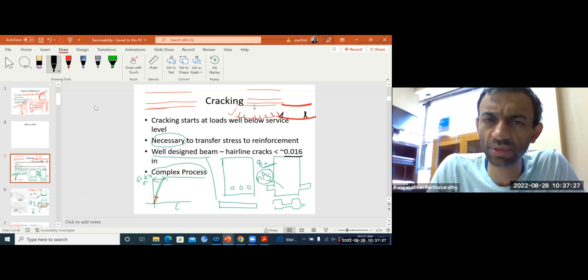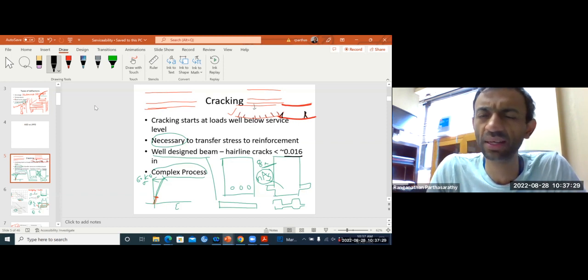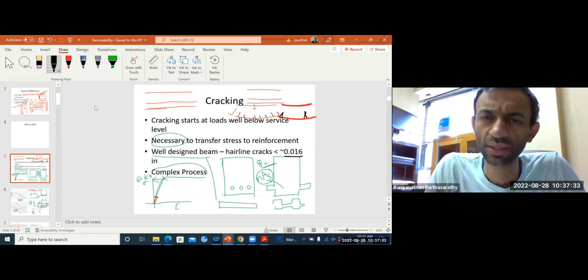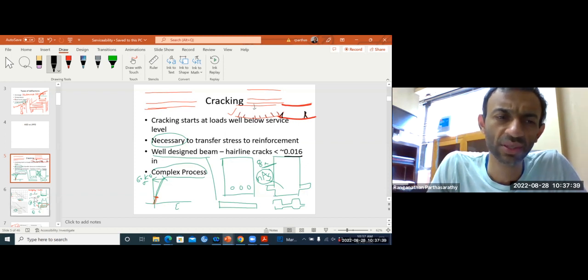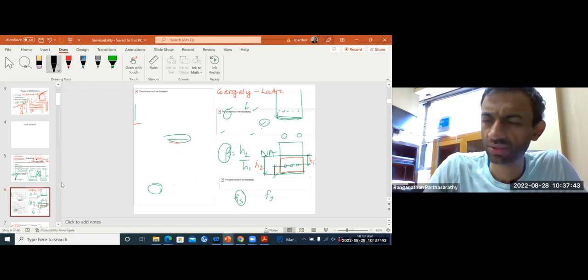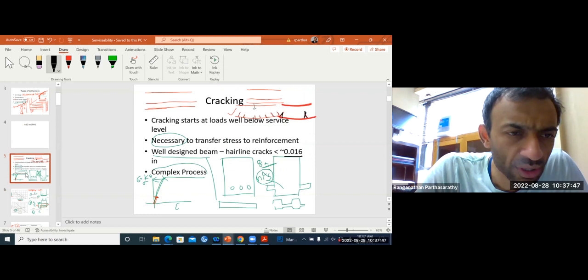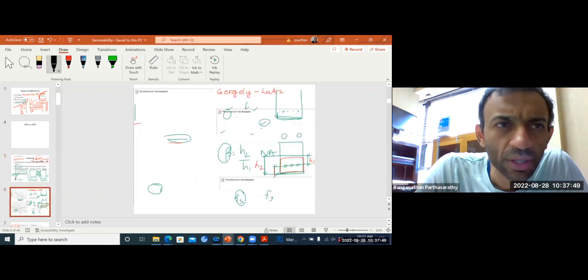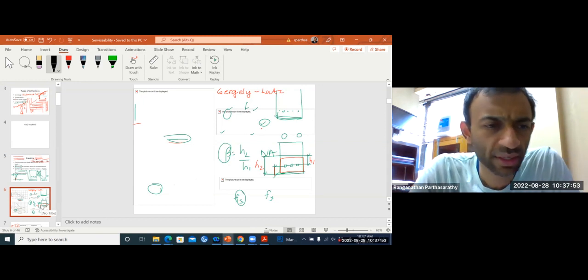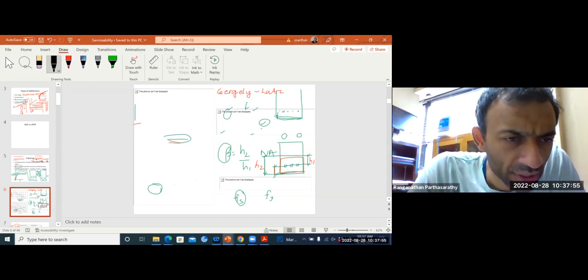So it is a dynamic process of crack opening, and we do not want to go for a theoretical calculation. Instead, we use empirical relationships based on experimental data.